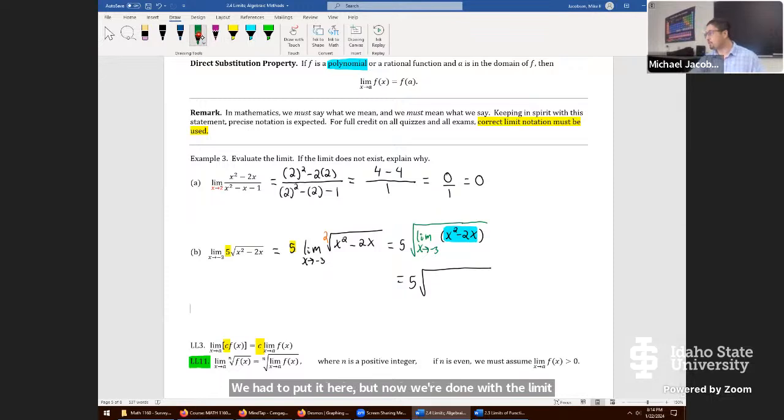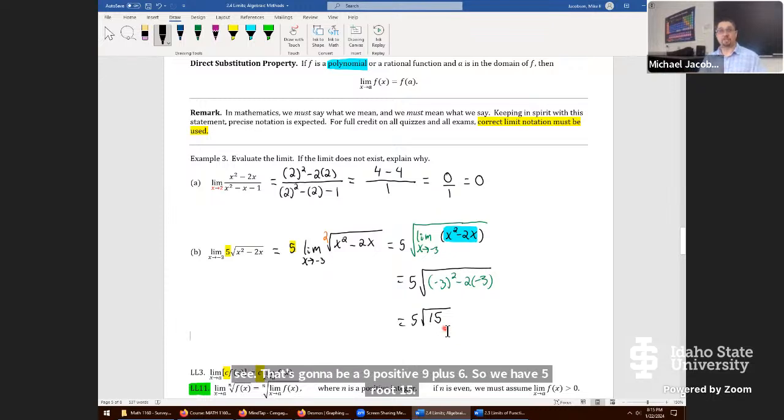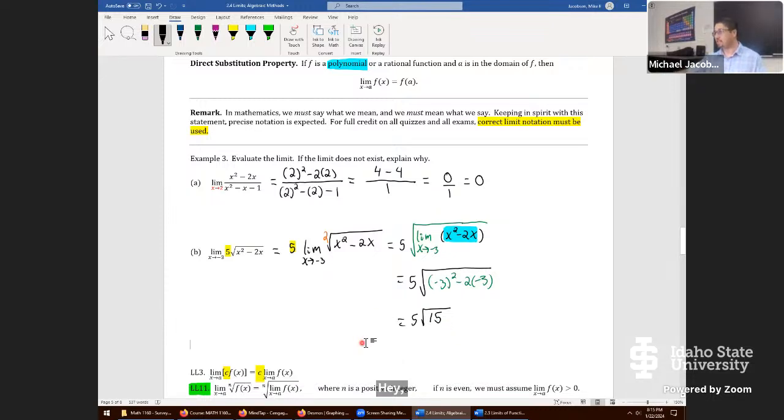We're going to get -3 squared minus 2 times -3. At this stage, we still have to simplify the problem, so let's crank this out even further. That's going to be a positive 9, plus 6. So we have 5 root 15. Hey, and bonus, that doesn't simplify. So we have a reduced answer already at that stage.